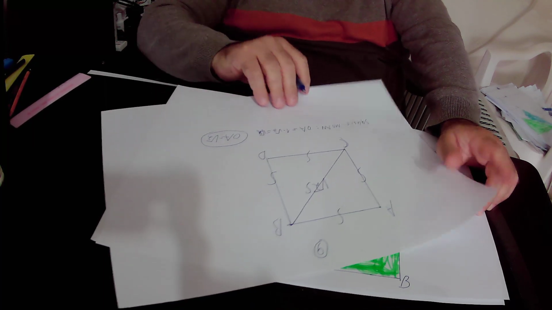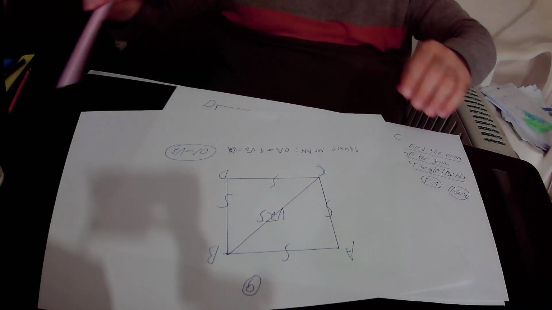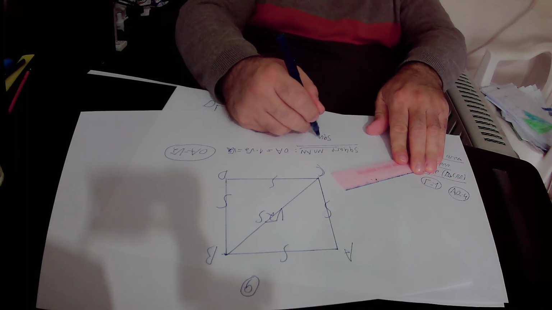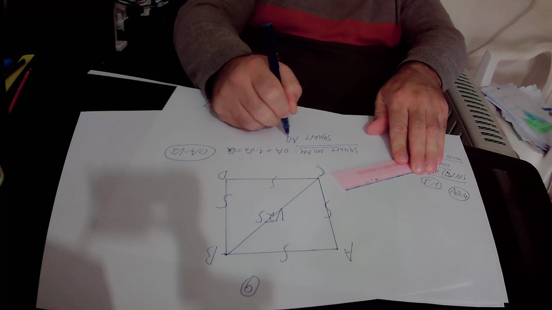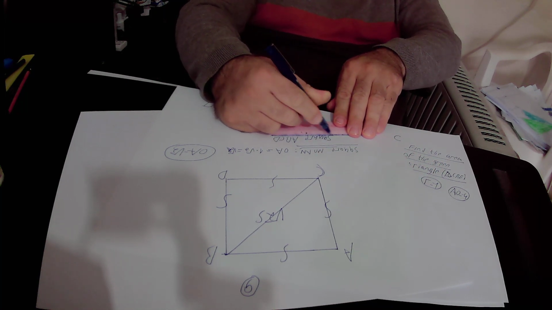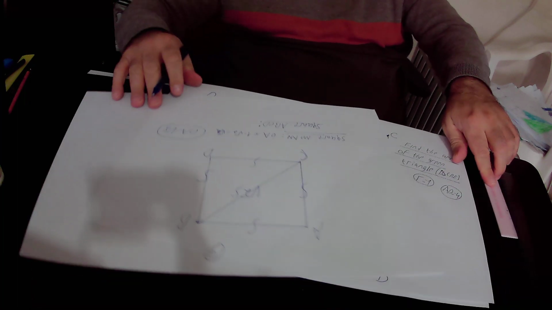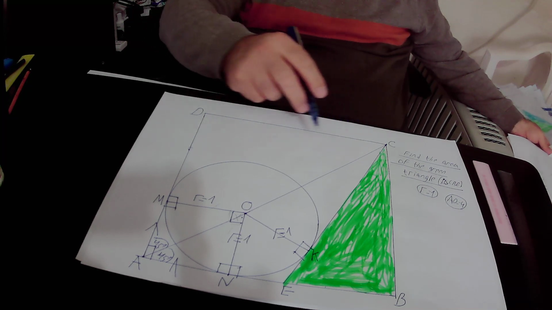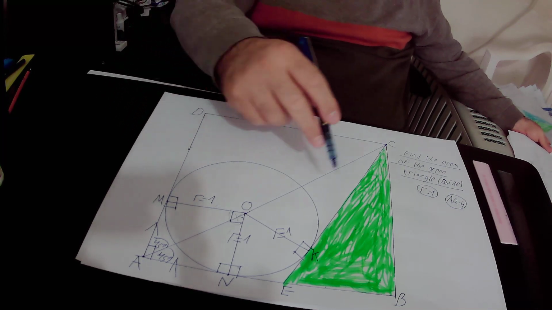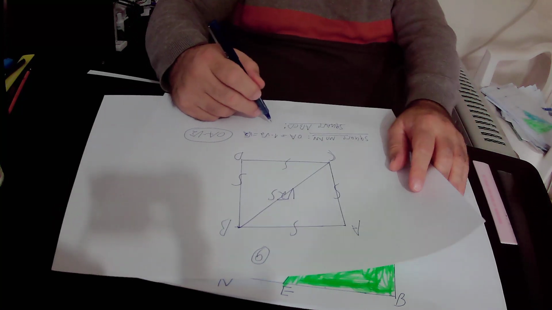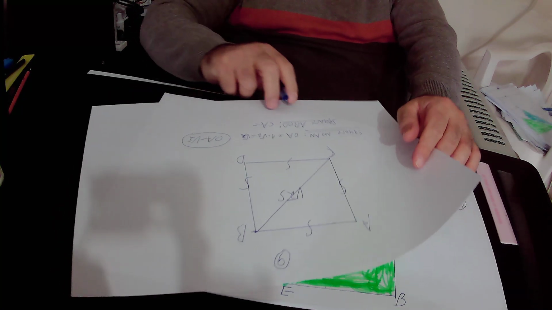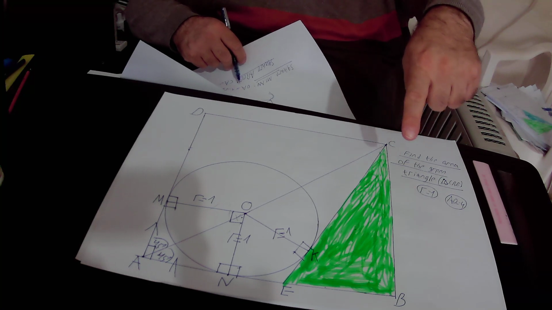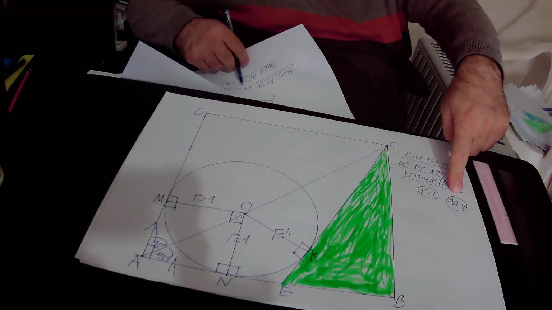And if we focus on square ABCD, then the length of diagonal CA and also BD, according to rule number 7, will be equal to the length of square ABCD's side times square root of 2, and the length of one side of square ABCD is equal to 4 units.